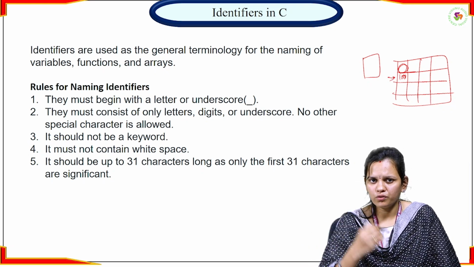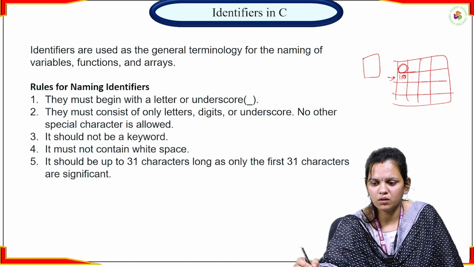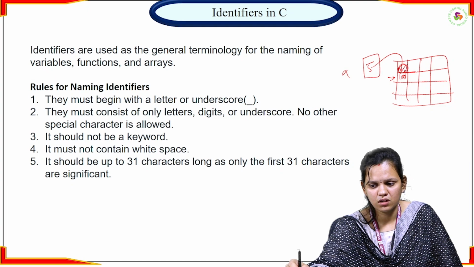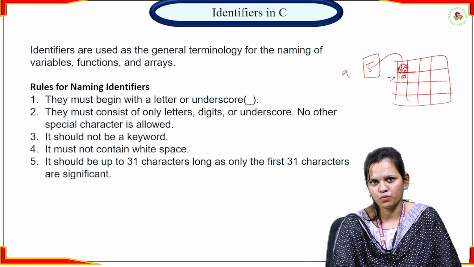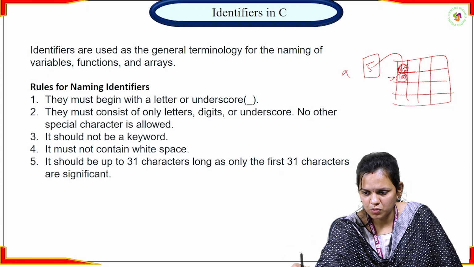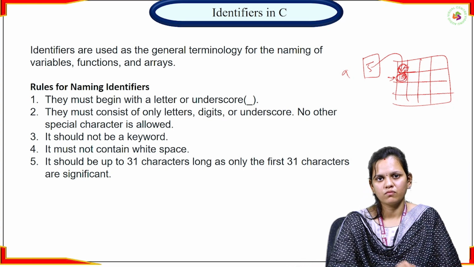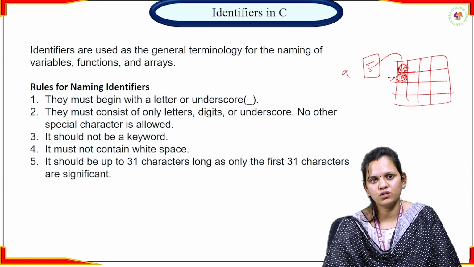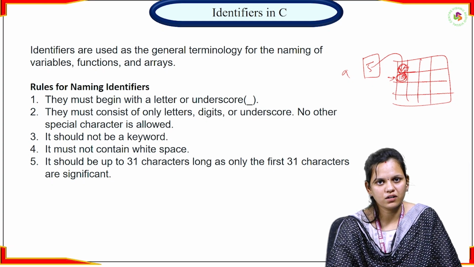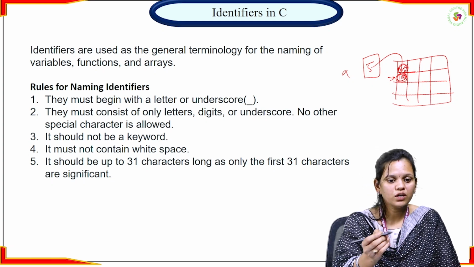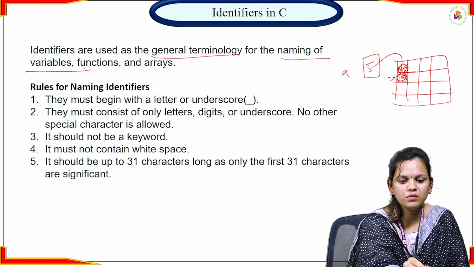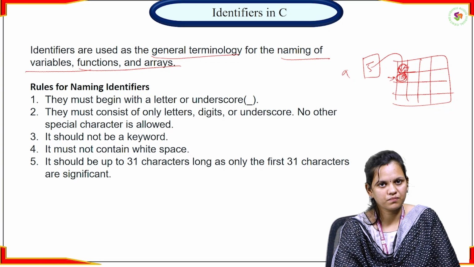Whenever I store a variable, the value of a is 5, it directly goes to this 1000 location and it will be stored. So giving a name to this particular memory location is a variable. Okay, so all these variables or functions or pointers come under identifiers. Identifiers are the general terminology for the naming of variables, functions and arrays.